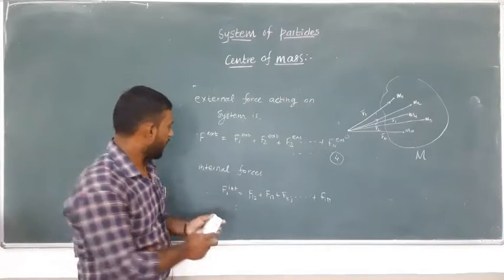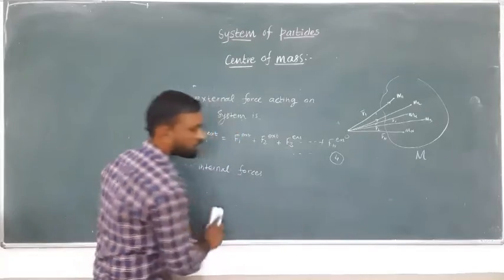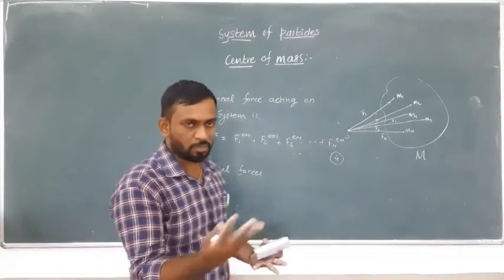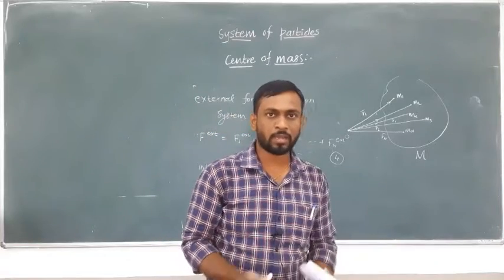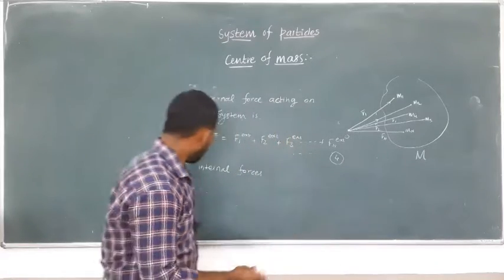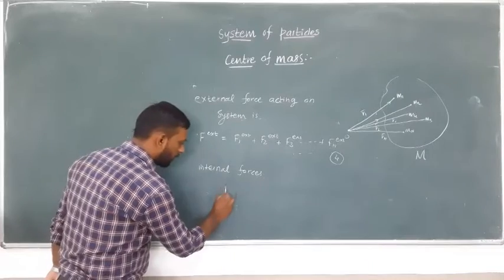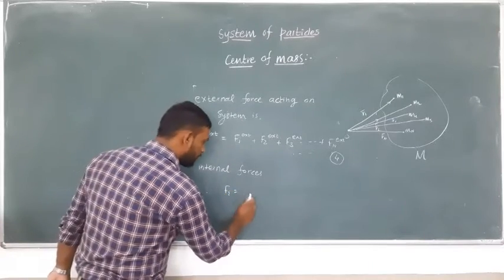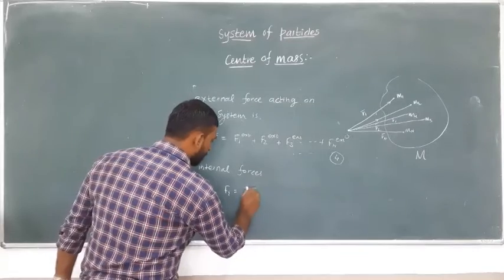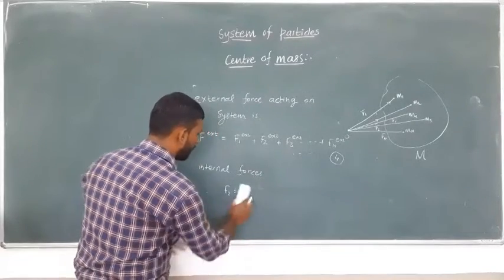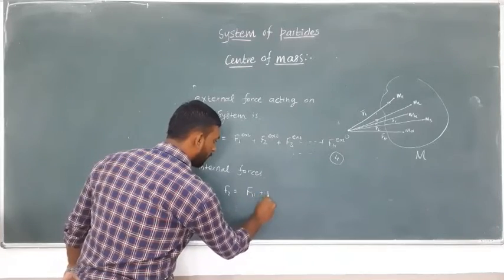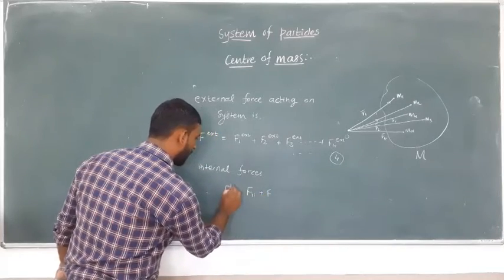So if I want to write the internal force acting on the ith particle, i may be any particle. It may be the first particle, second particle, third particle, or so on. So if I consider the internal forces acting on the ith particle, how to write? I just write the summation, or we can directly write Fi1 plus Fi2, it should be internal, no?